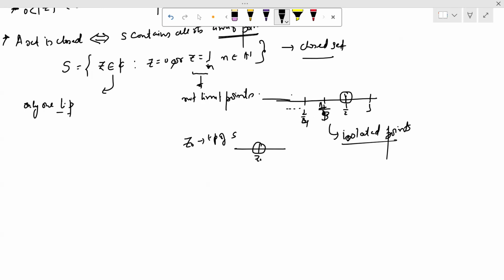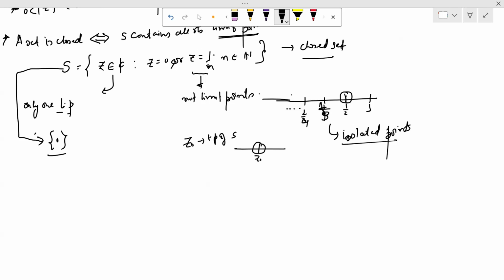Is that clear? So if I take this set S, where S contains all the complex numbers Z equal to 0 and Z equal to 1 upon n, where n belongs to natural numbers, Z equal to 0 is the limit point. So the set of limit points is the singleton 0.